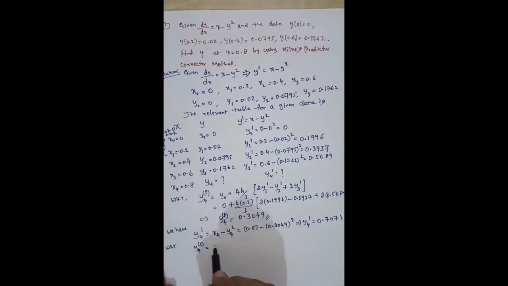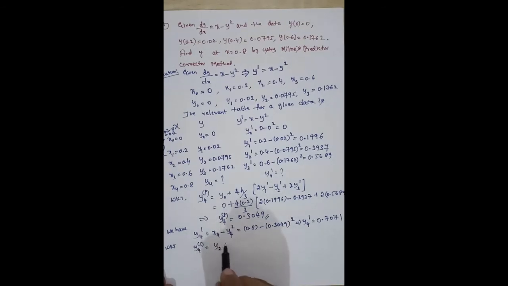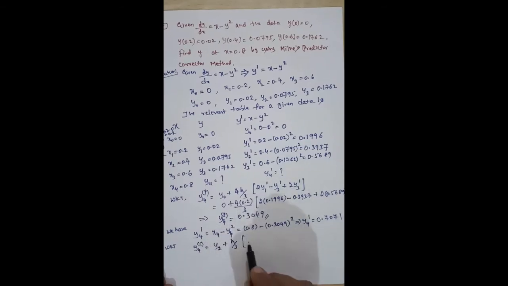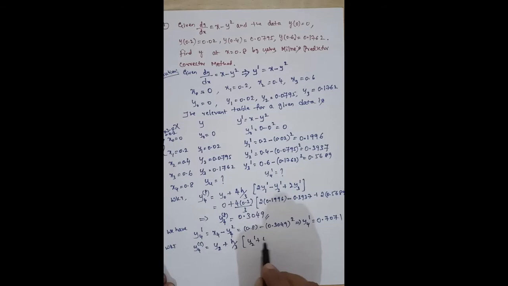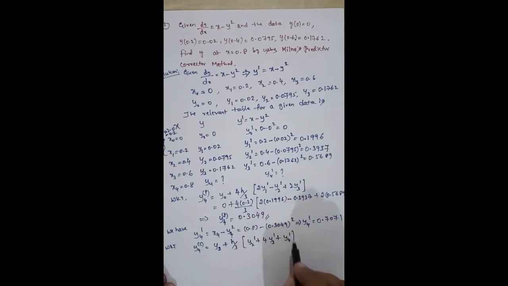So what is the corrector formula? It is y2 plus h by 3 into y2 dash plus 4y3 dash plus y4 dash. So this is our Milne's corrector formula. So substitute the values and simplify.